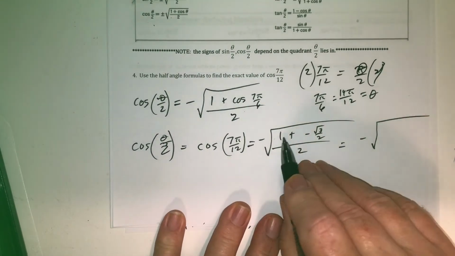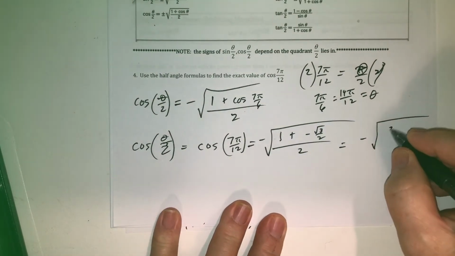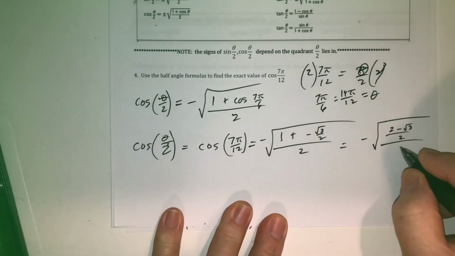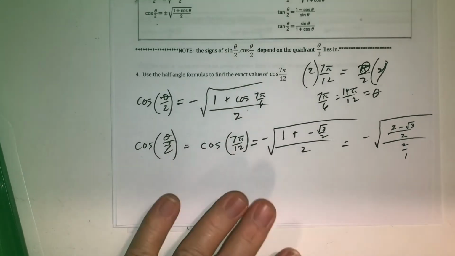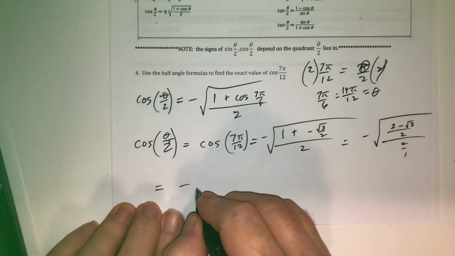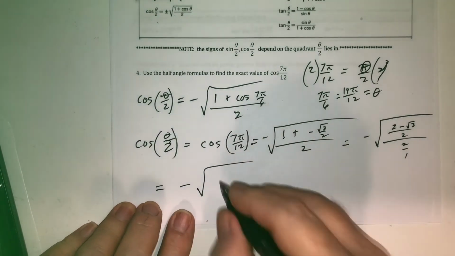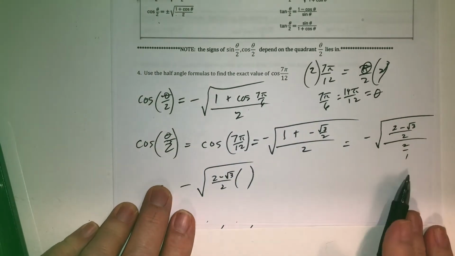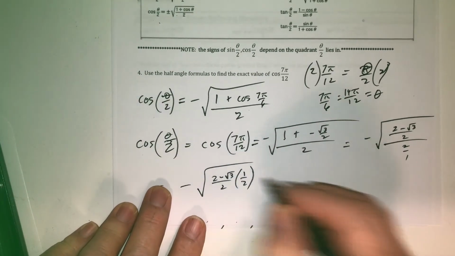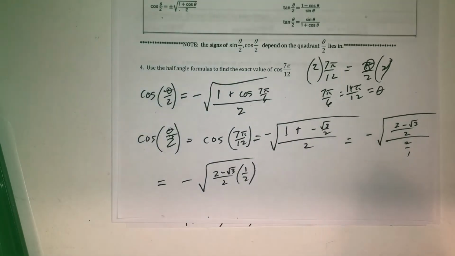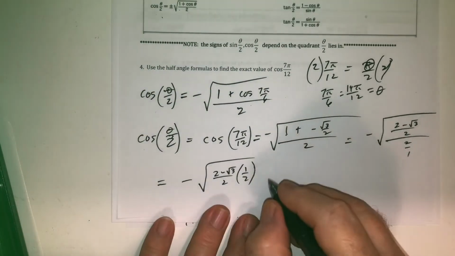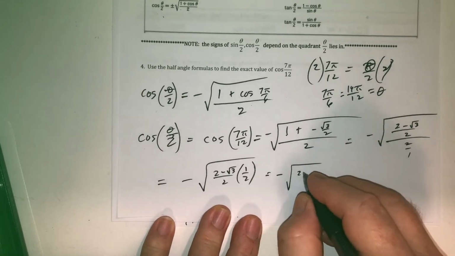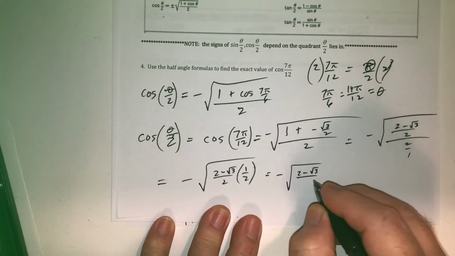Okay, I'm going to imagine this being 2 over 2, so that would be 2 minus the square root of 3 over 2, all divided by 2. I'm going to make that a fraction as well. So this would be equal to the opposite of the fraction in the numerator times the reciprocal of the one in the denominator, which is 1/2, and that would be equal to the negative of 2 minus the square root of 3 over 4.